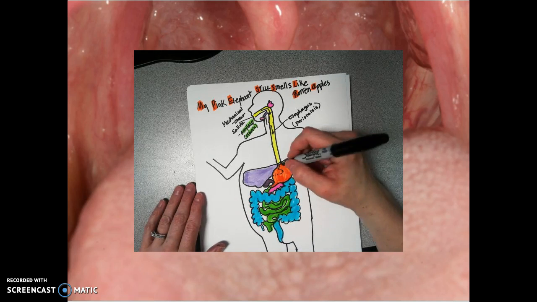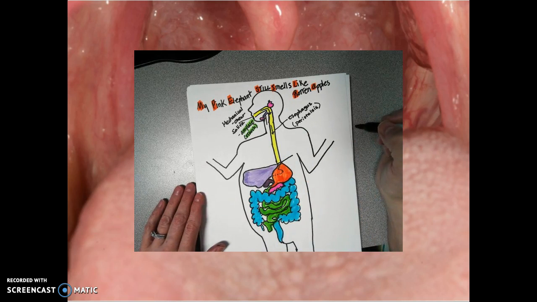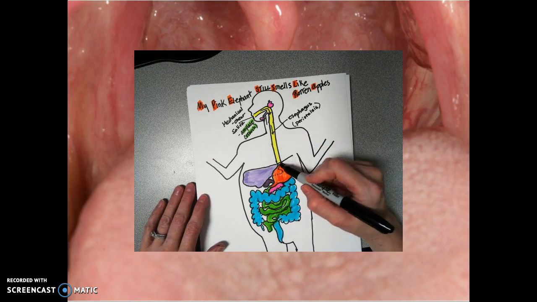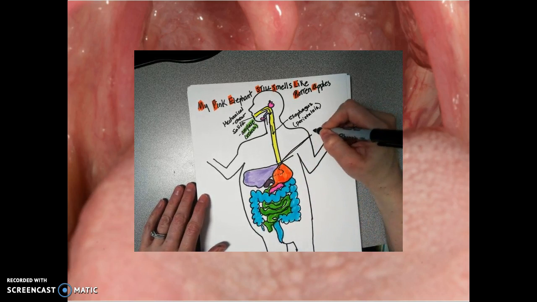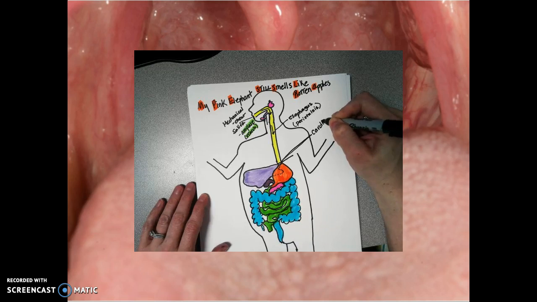At the top of the stomach, bottom of the esophagus, is an opening called the cardiac sphincter.